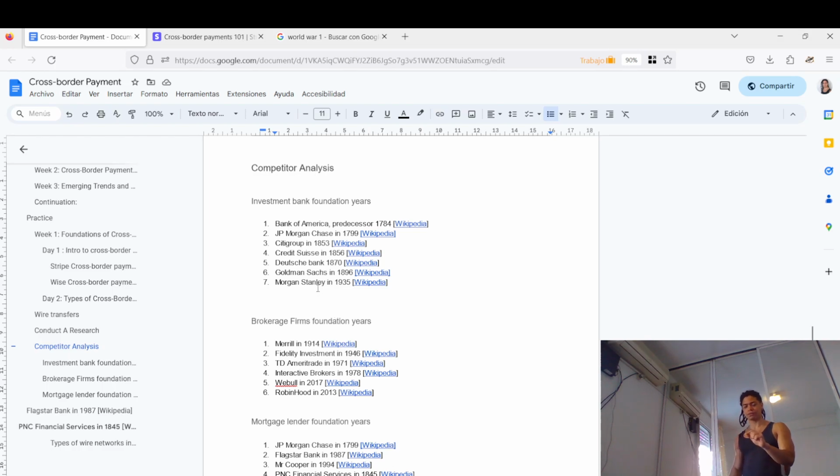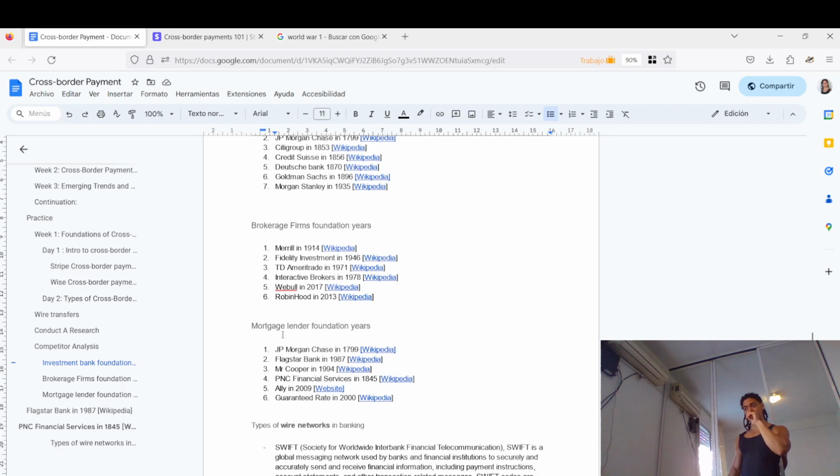Also the brokerage firms such as Merrill, this subsidiary of Bank of America, TD Ameritrade, Interactive Brokers, Fidelity Investment, Webull, this Chinese conglomerate, and Robinhood from the US.